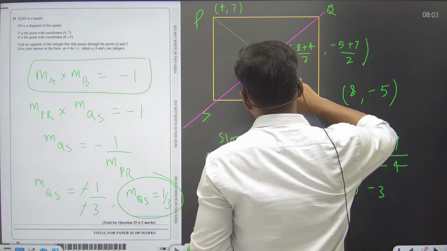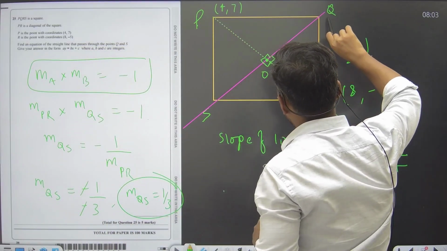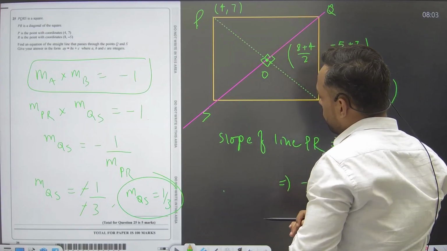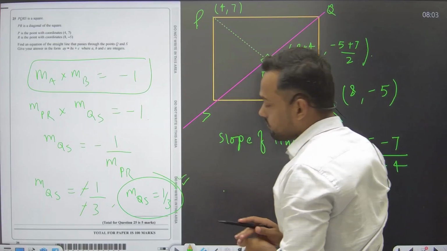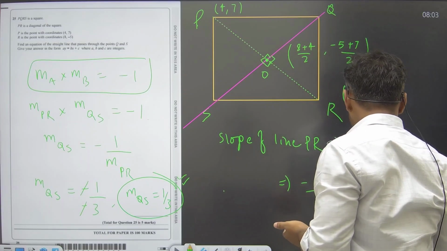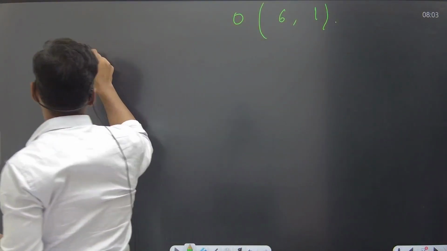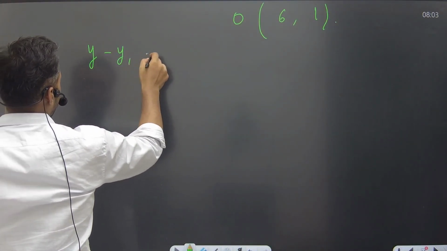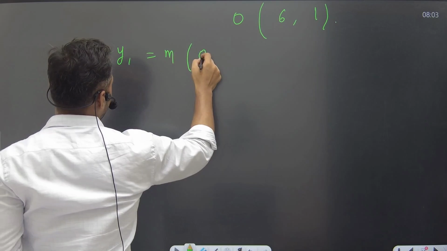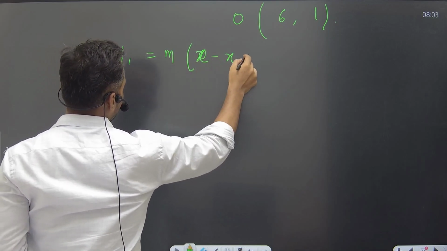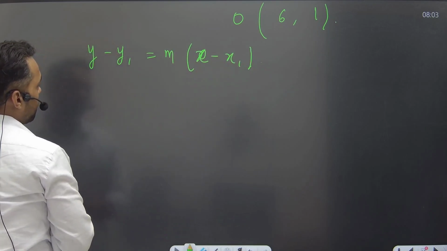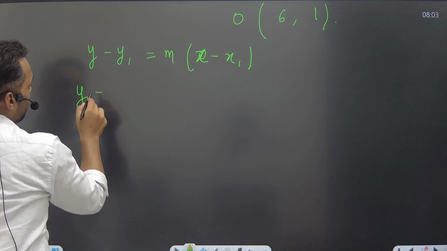So what will be the equation of the line passing through the point O having this slope? We already know the formula, if you don't know I'll write it: y minus y1 equals m times x minus x1.